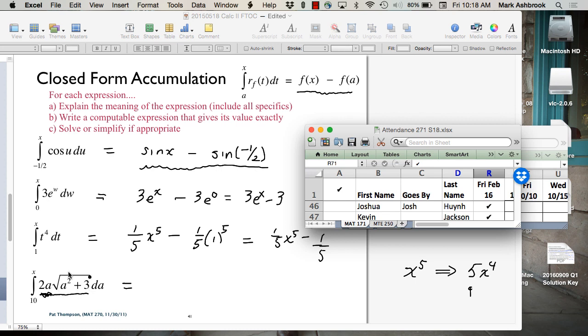So we're really looking at this and asking what's the antiderivative of that? A squared plus 3 to the 3/2. You see that? Because this is also the 1/2. Remember, when you take the derivative, you reduce the exponent by 1. So antiderivative means add 1. Now, sorry, it should be x.